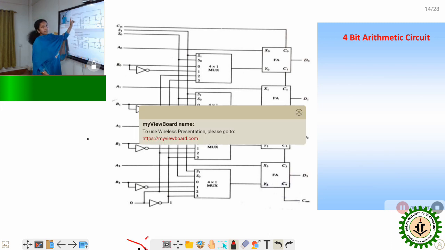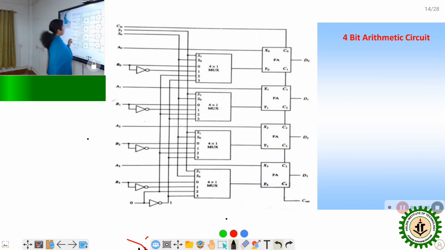Now when S1, S0 value is 1, 1, all the multiplexers select the fourth data input, that is, the logic 1 value will be selected and will go directly to the output line, that is Y0.